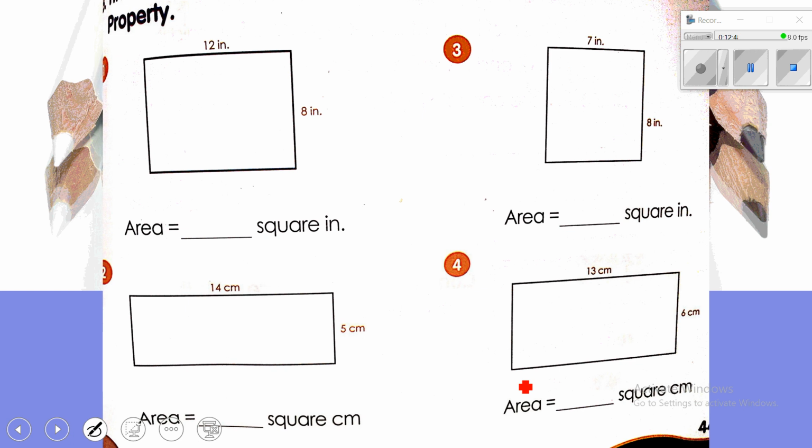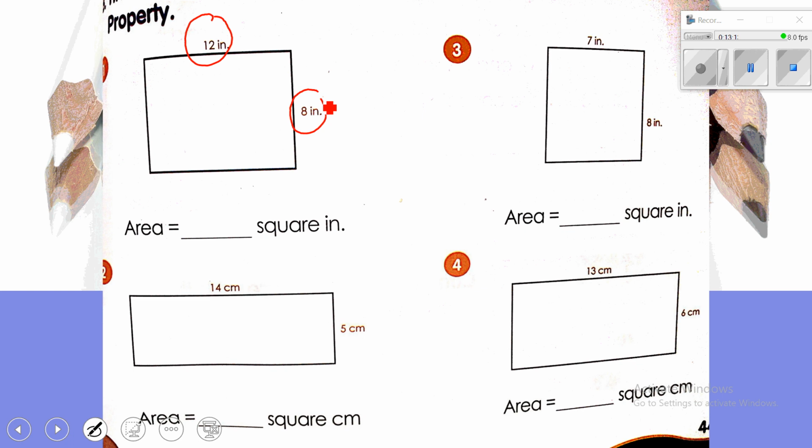Here they ask us to find the area by using the properties. Here I have 12 and here I have 8. Remember, two numbers to make 12, because 12 is greater than 8, so it's easier for me to distribute it for 12.